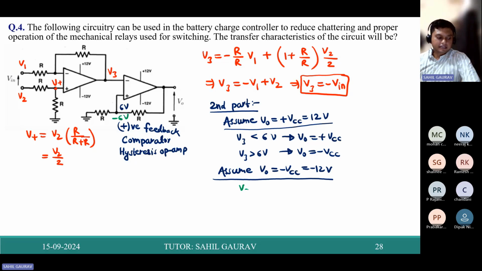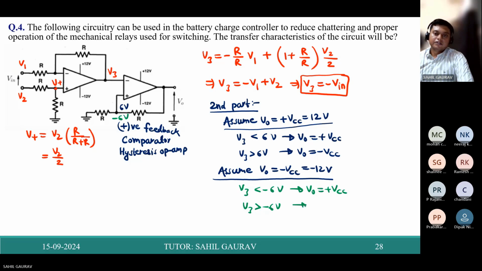So if V3 is less than minus 6 volt, then V0 will be plus VCC, and if V3 is greater than minus 6 volt, V0 is minus VCC.